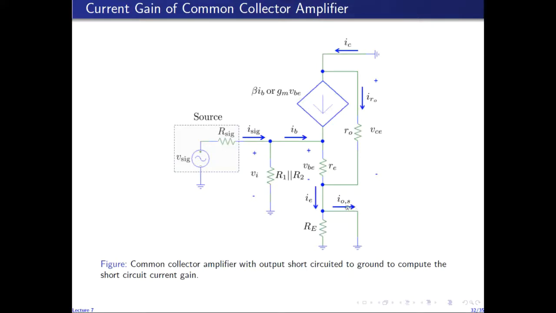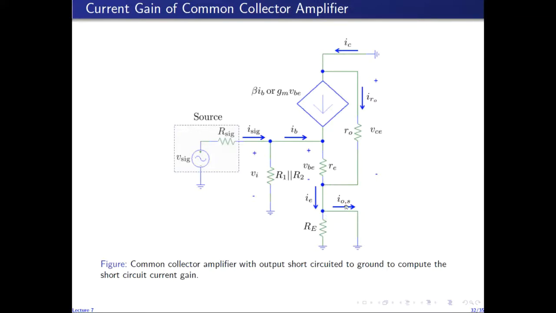And I intend to find the ratio of IOS to ISIG because ISIG is the input current of the amplifier. So like I said, IOS is equal to IE, and IE in turn is equal to the current through small RE plus the current through R naught. But if you notice, this current IR naught, which flows through R naught, is actually zero because R naught is in parallel with the RE, since R naught is connected to the emitter on one side and ground on the other side.